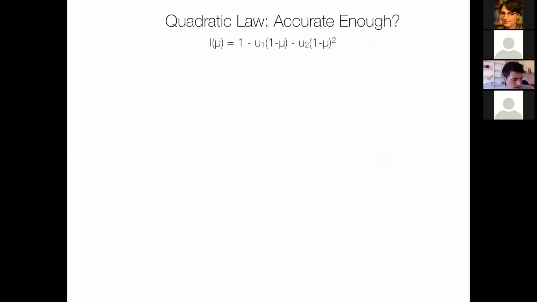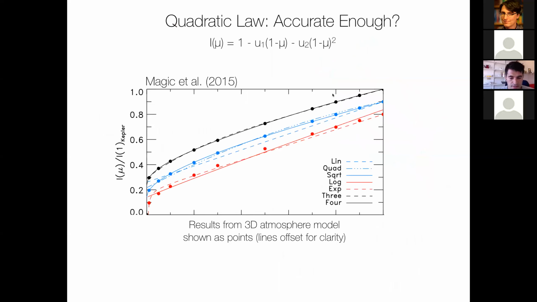However, are quadratic laws actually such a great thing? Are they accurate enough? So the atmosphere people kind of argue about this as to how well each of these different polynomial laws, in inverted commas, does. This is from Magic 2015, and they're comparing the results from a 3D atmosphere model, which are the points.